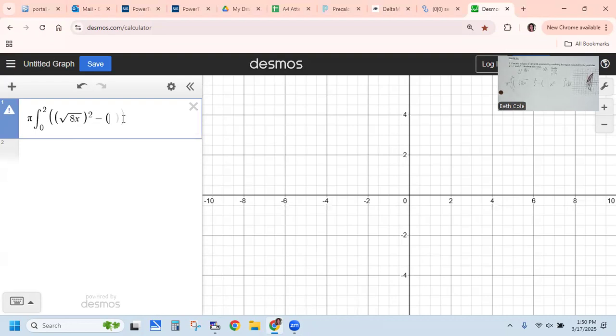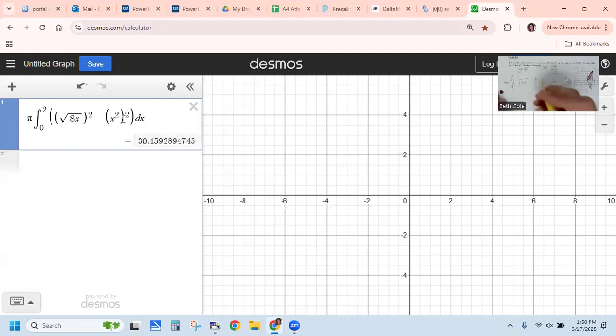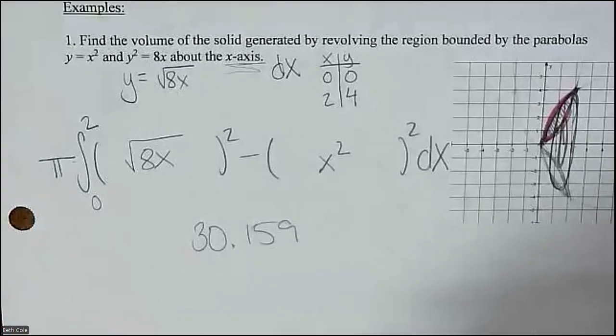All right, minus parentheses squared. I guess I could have written next to the fourth, huh? Oh well. Oops. There you go. 30.159. Does that look right? Make sure I didn't mess anything up there.